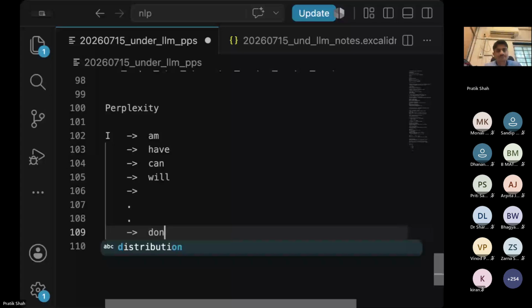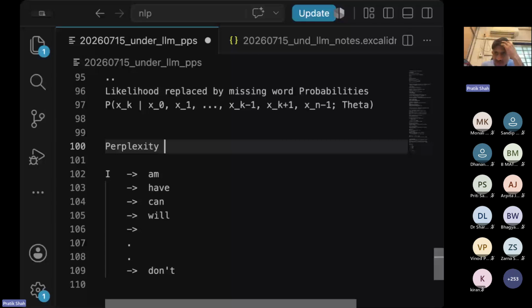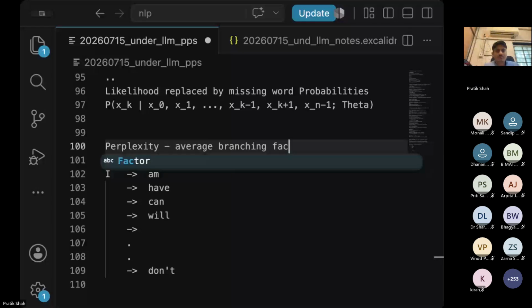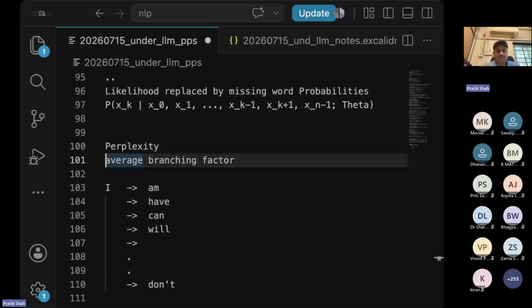Okay. So starting from I can go to any of these words. This is called a branching factor. So from I can go to, let's say, 20 different words.